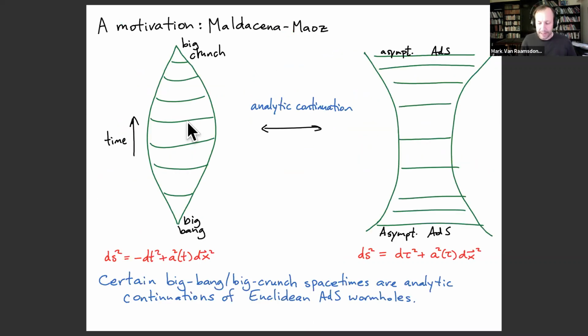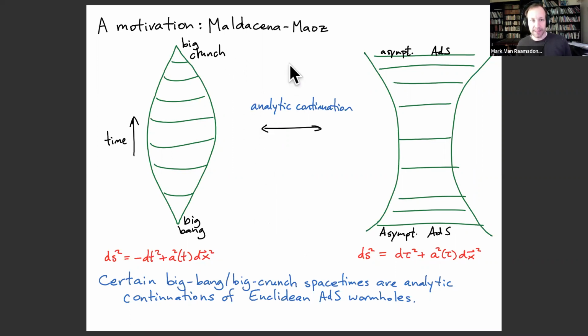Okay, so let's step back now and talk about some motivation for this whole picture. And so one motivation is an observation of Maldacena and Maoz from, I think, 15 years ago already.